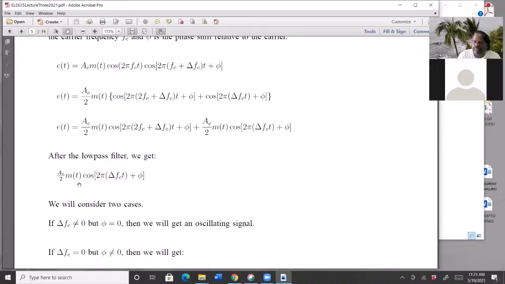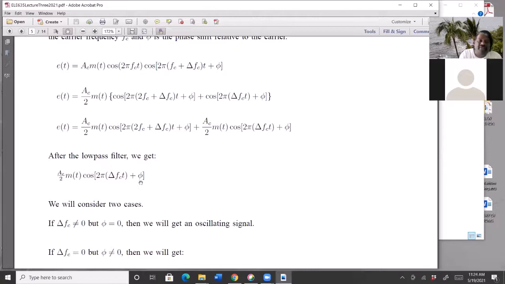But that's not a problem because you can always turn up the volume dial. So this part is usually not a problem. So your message signal is multiplied with cos phi. If phi is 45 degrees, it's cos 45 degrees, which is 1 over root 2. So your message signal is going to be divided by root 2. It basically gets attenuated, which is not a big deal.